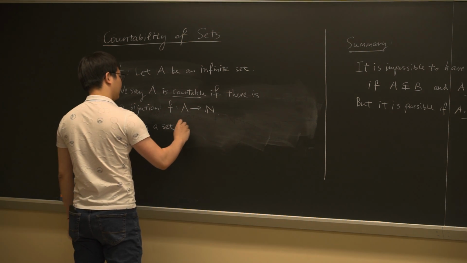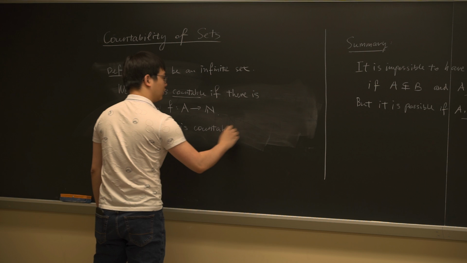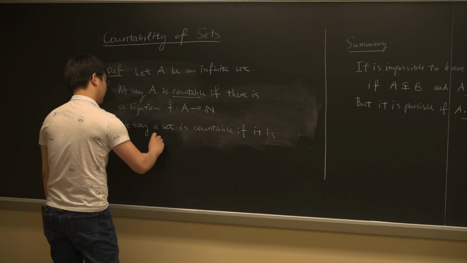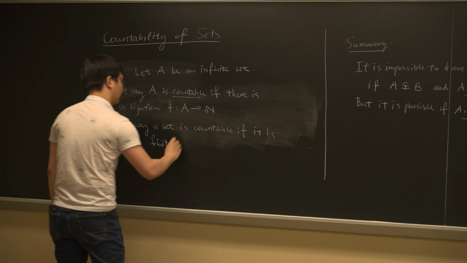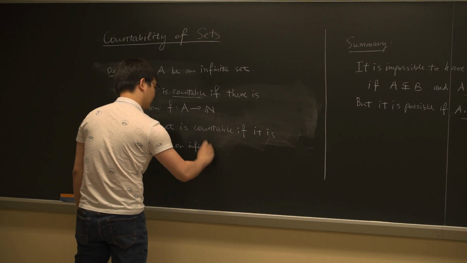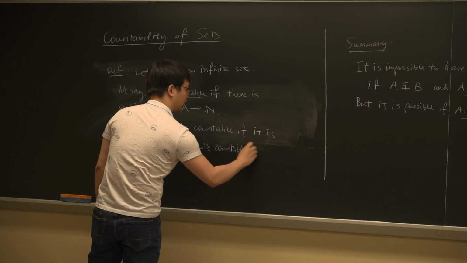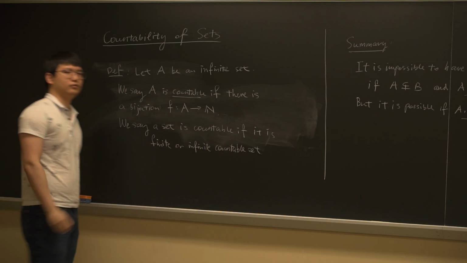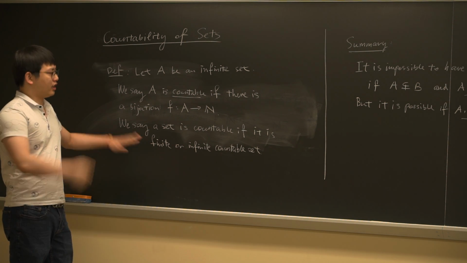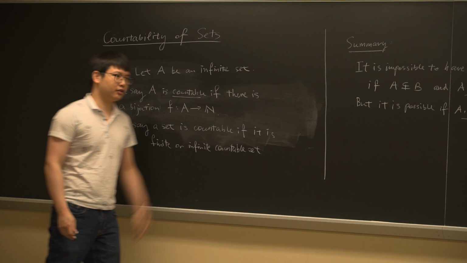We say a set is countable if it is finite or infinite countable set. Okay. So any countable set is either finite or an infinite countable set.